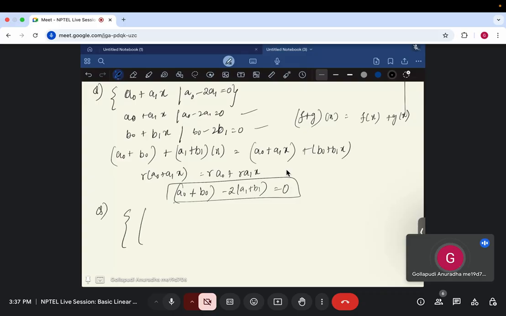Okay, now you have one more question, the last question in this area. Does this one form a vector space or not?